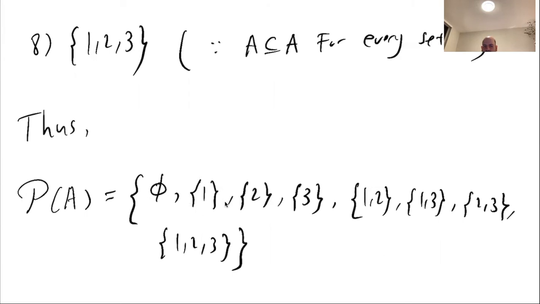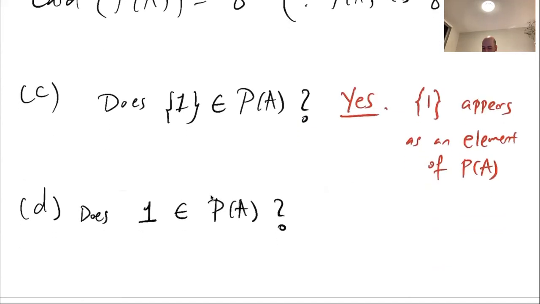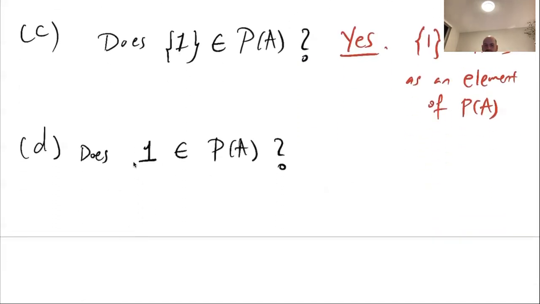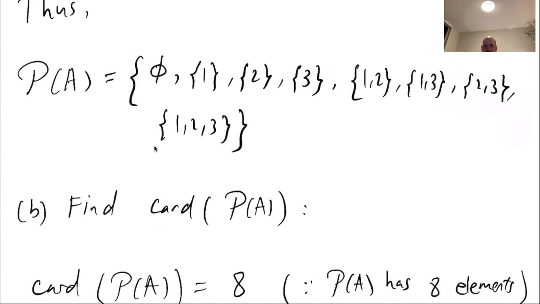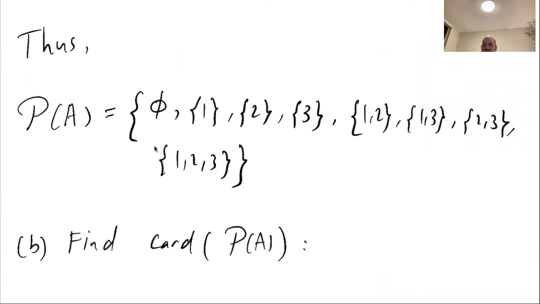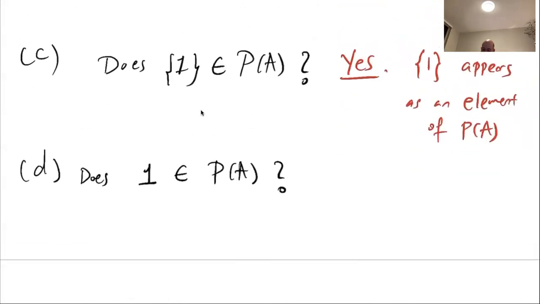So my second element is this set of 1. Now, do you see this one appear inside this set? No, not exactly as it is. Yes, the set containing 1 is inside P of A, but 1 is not inside P of A. The answer is no.